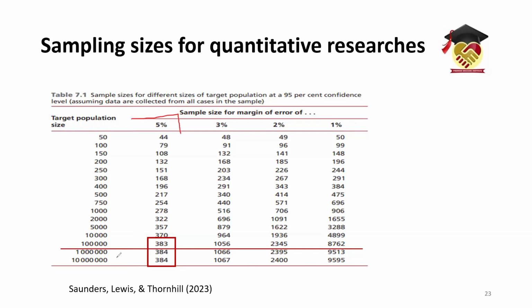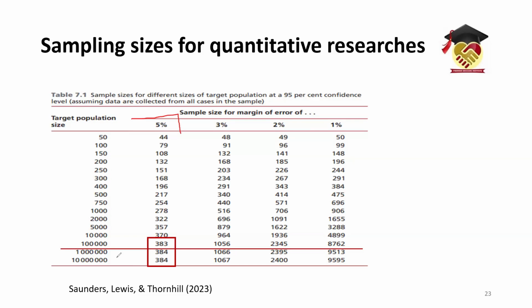Once the population is 1 million, your sample size is 384. Once it is 10 million, still 384. Once it is 1 billion, it is the same. After 384, it won't change because you have come to the saturation point.